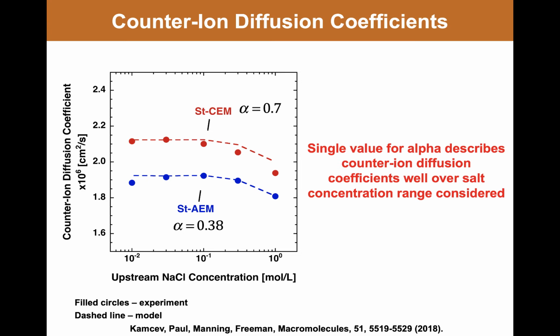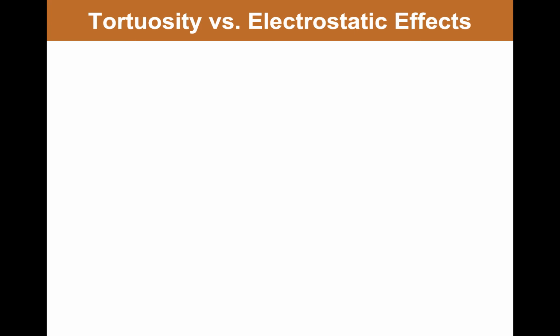As expected, this value is less than 1, recognizing the slowdown in the counterion diffusion coefficient relative to its value in solution. Now, I've said a couple times that the tortuosity effect slowed the ions' travel through the membrane quite a bit, and the electrostatic effect slowed them some, but not very much. And I wanted you to have a feel for that.